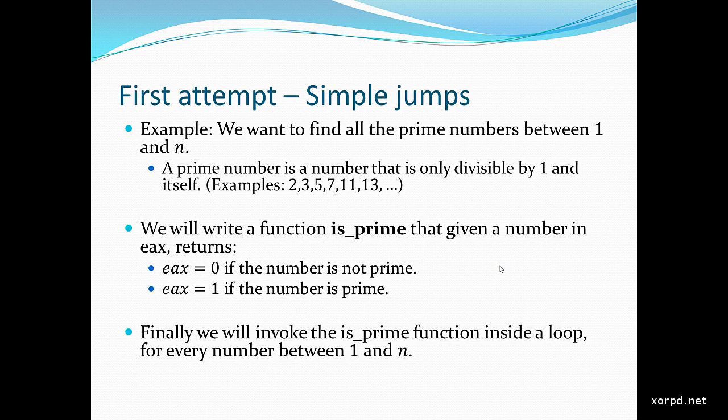So we are going to have two parts of code. The first part is going to be the implementation of isPrime, which is going to deal with prime numbers and divisibility and things like that. And the other part is going to be a pretty simple loop that just iterates, and every time it calls isPrime to check if the current number is a prime number or not.